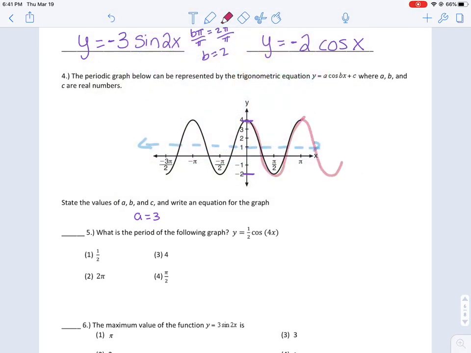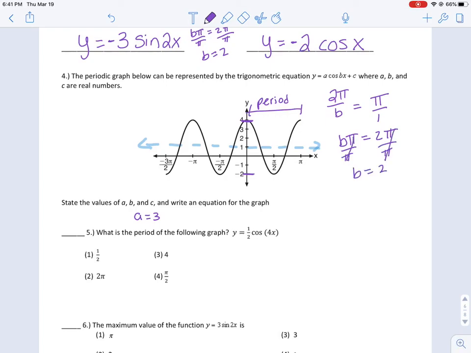So if I did another cycle, that would end at 2 pi. If you do not like visually looking at that, then you can set an equation. 2 pi over b equals my period, or my 1 cycle here, is in pi. Put it over 1, cross multiply, b pi equals 2 pi, divide by pi, divide by pi, b equals 2.